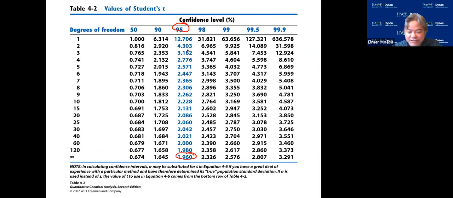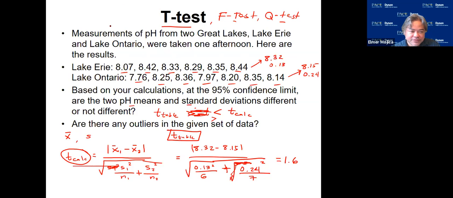So the next thing we need to get is the DF, the degrees of freedom. The way we define the degrees of freedom is it's always less than the given replicates that you have.